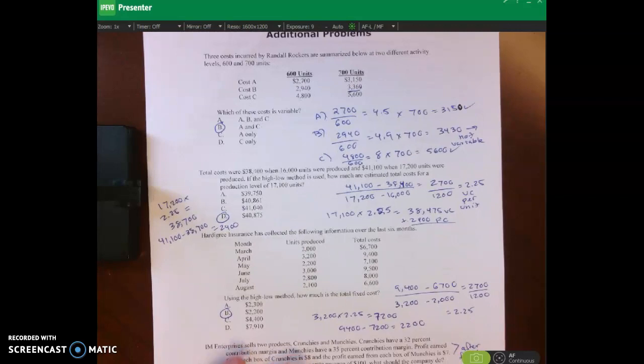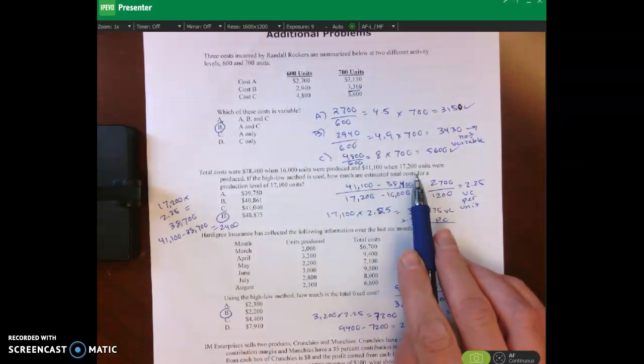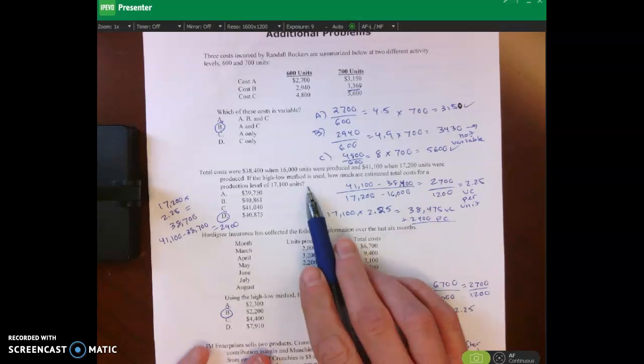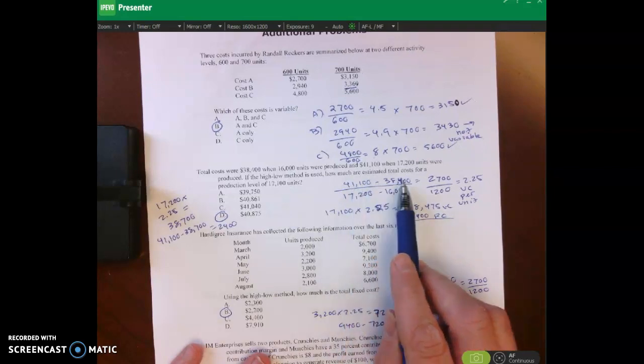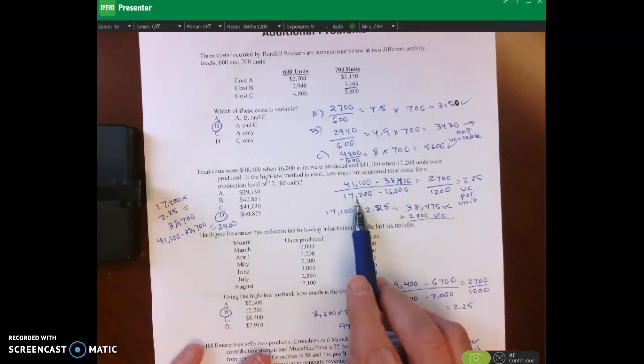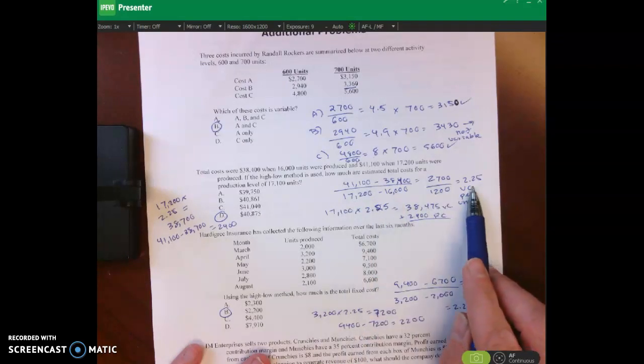Total costs are 38.4 with 16,000 units and 41.1 at 17,200 units. We use high-low. So the way we do that is we take our high costs minus our low cost divided by our high activity minus our low activity, $2.25 of variable cost per unit.